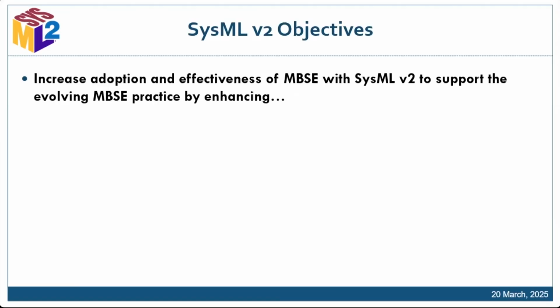But what we're trying to do with V2 is get the model-based approach adopted using SysML v2. And so we want to increase adoption. We had pretty good adoption with V1, but there's a lot of opportunity for much wider scale adoption. We think we have the opportunity to achieve that with V2 and do a better job of modeling by providing this language.